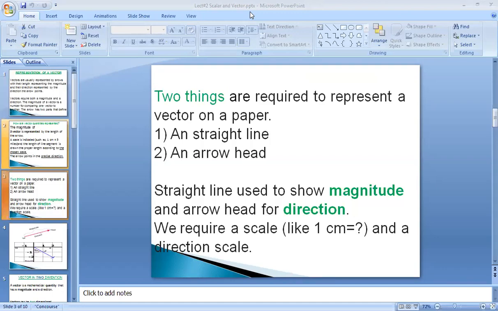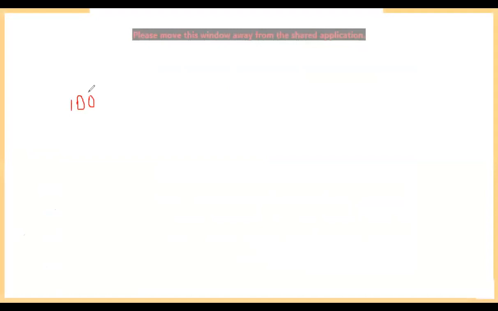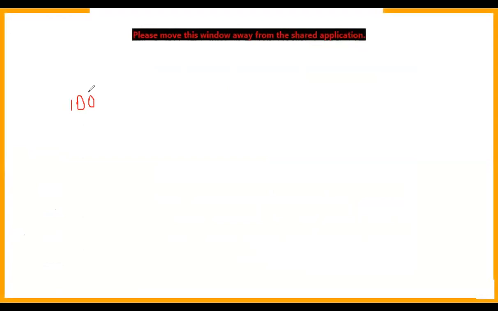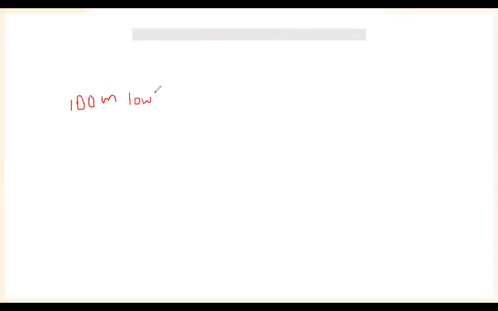In this example, I'm taking 100-meter distance. You have to represent this vector. I'm taking a displacement vector, force vector, or velocity vector. So this is an example of a question like 100-meter distance towards east. This is a vector that you have to represent on a paper.